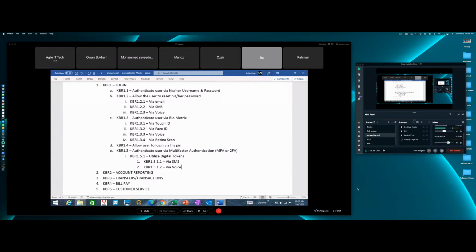Basically, the token is the 6-digit number coming through, right? Or it could be coming via, how else? How else can we send you the token? Via email. Email, of course, right? Or what Sayed was saying, old school.